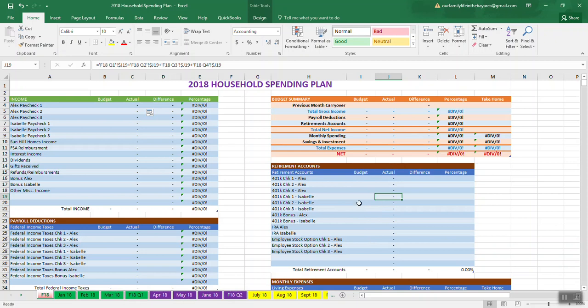I keep a template, a backup copy, in case it gets corrupted or in case my laptop goes up in flames and I lose all of my data. I don't want to have to rebuild this because it's a lot of work putting every piece together.